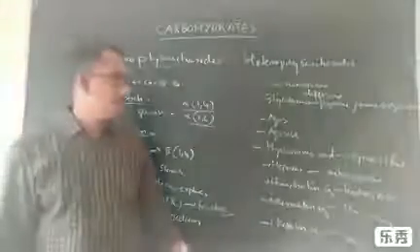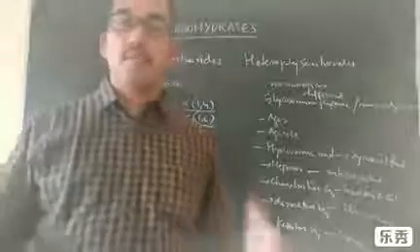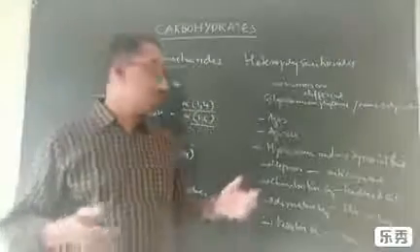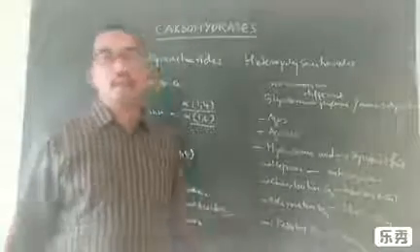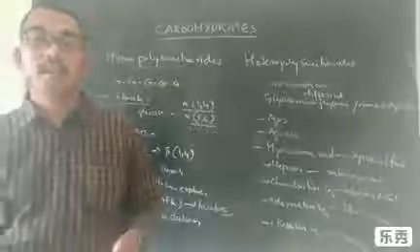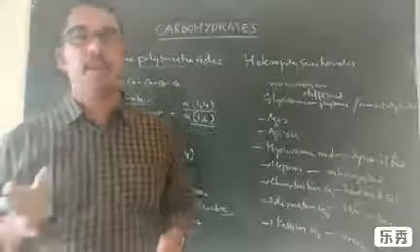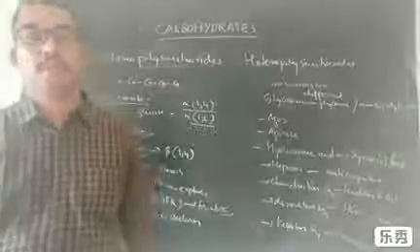Dermatan sulfate is present in skin, walls of blood vessels. Keratan sulfate is present in the cornea. So, by remembering the examples of carbohydrates, we can write the functions of carbohydrates. And this is all about the definition, classification and functions of carbohydrates. Okay, thank you.